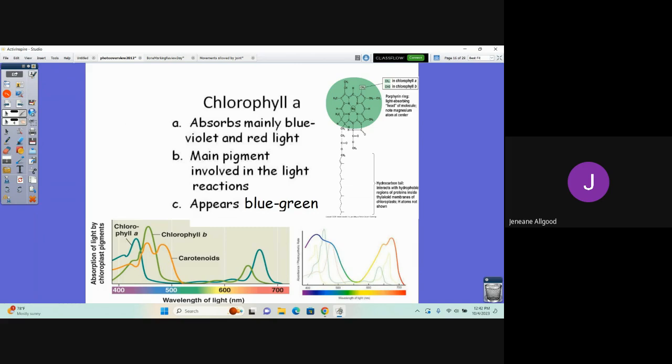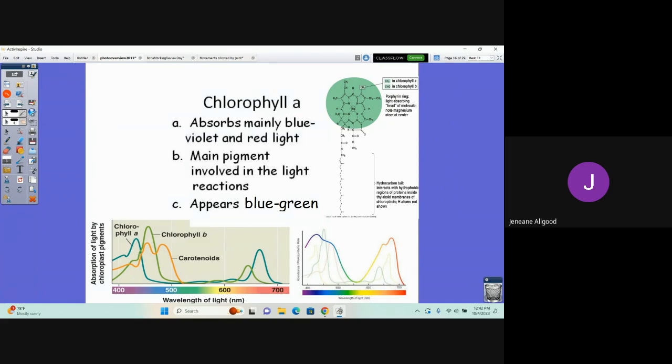Okay, so notice what's on the y-axis: absorption of light by the different pigments. And then you just have your electromagnetic spectrum down the bottom, your visible light spectrum. So where the peaks are, that is how much light that pigment can absorb of that wavelength.